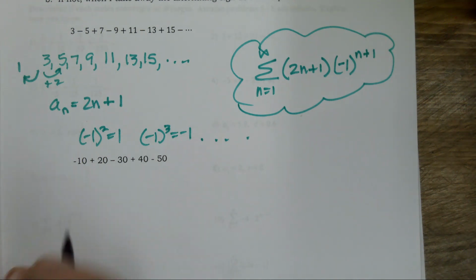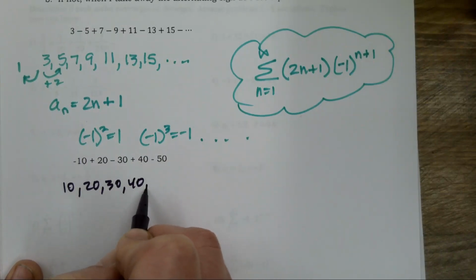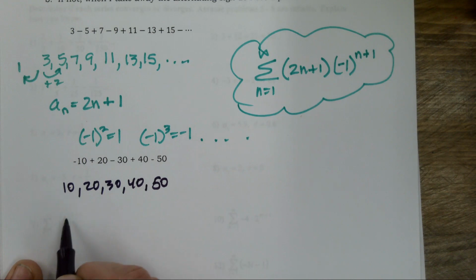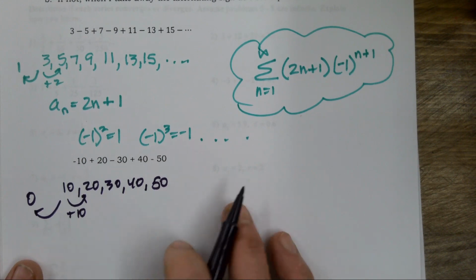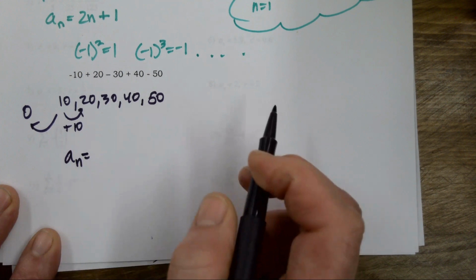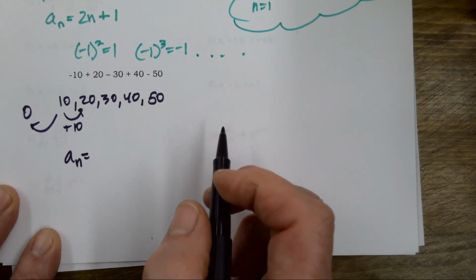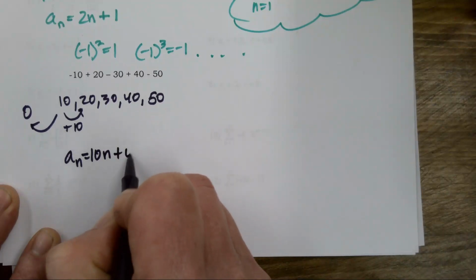So I'm going to start this again, 10, 20, 30, 40, 50. This one stops there. Again, plus 10. A sub 0 is 0. My arithmetic sequence explicit formula is 10n plus 0, or just 10n.